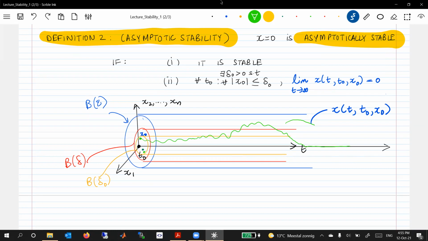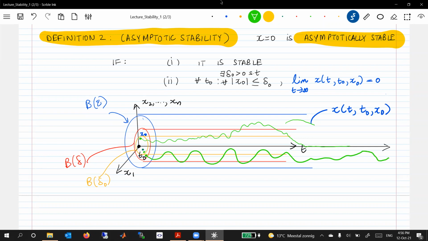Final attempt. I start with an initial condition outside the delta naught ball, but still inside the delta ball, which is the region in between the orange ball and the red ball. So let's say I pick an initial condition here. I started here. This is what leads to the stable behavior.